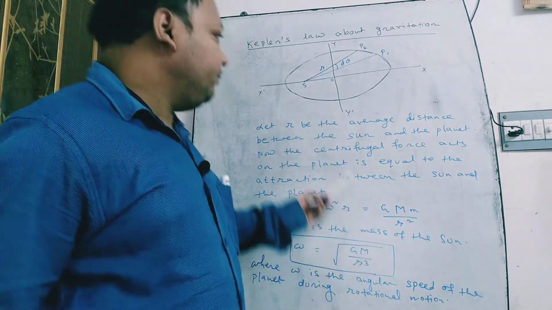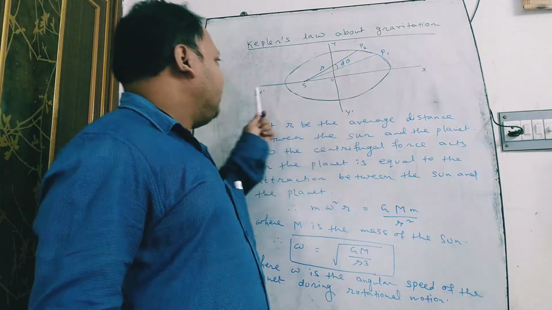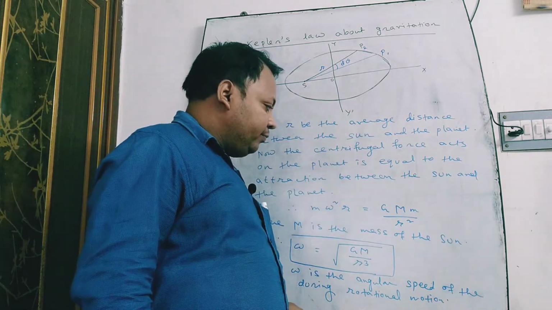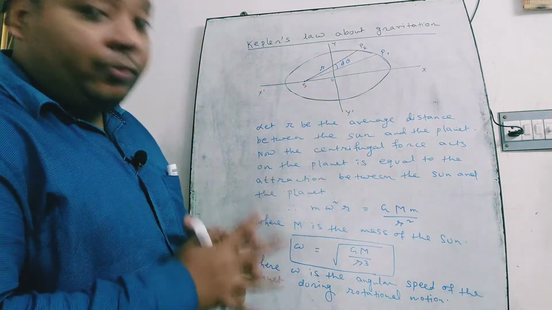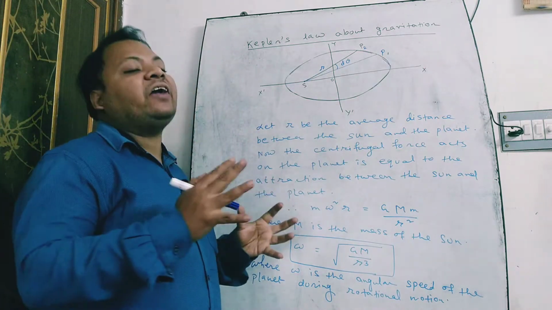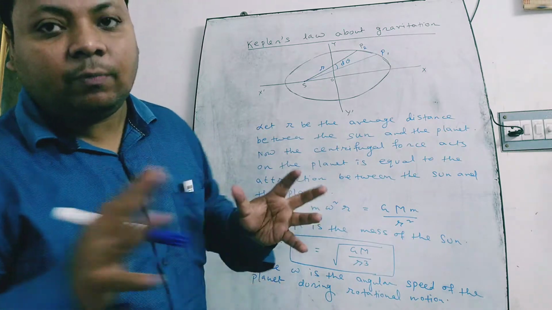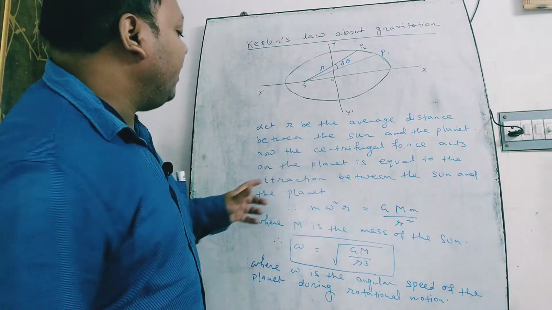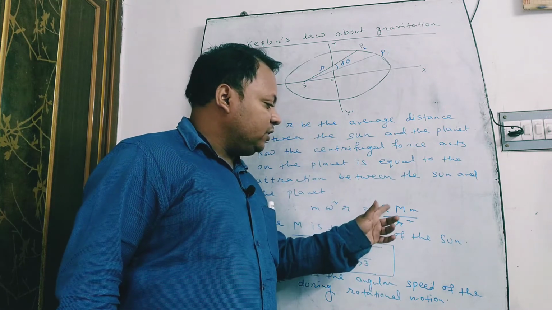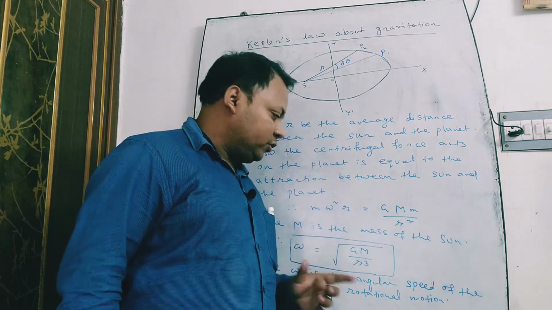Now let the average distance between the sun and the planet be r. The centripetal force experienced by the planet is equal to the attraction between the sun and the planet. Therefore, we can write mω²r = GMm/r².